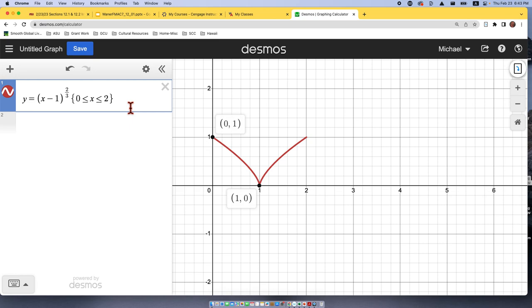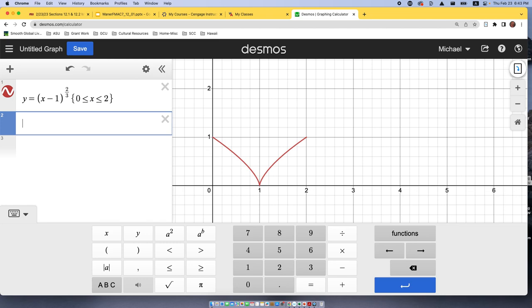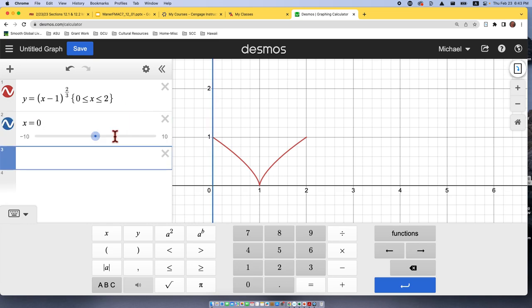But the other thing you can do with Desmos that's kind of cool, you can actually do vertical lines. Like you could do x equals 0, which gives you that one, and then you could also do x equals 2. So you could do that for the endpoints if you wanted to. If you forget how to cut and you don't want to cut it off, you could do something like that.